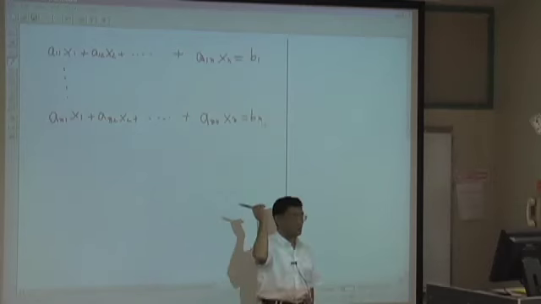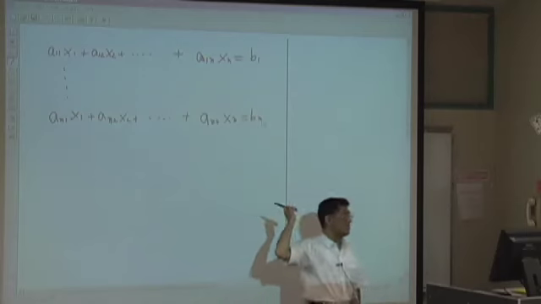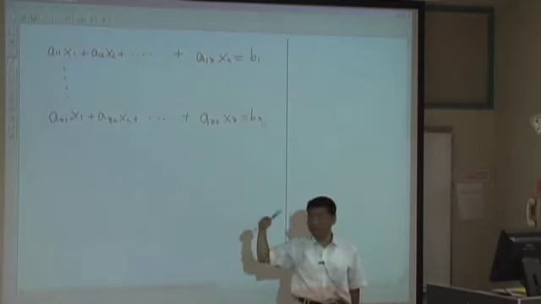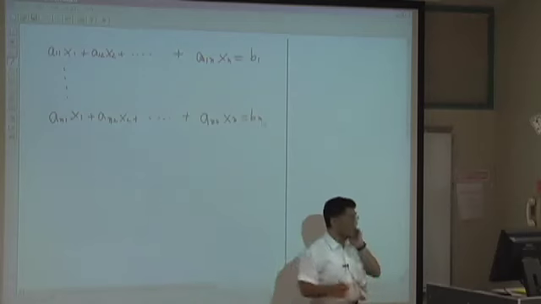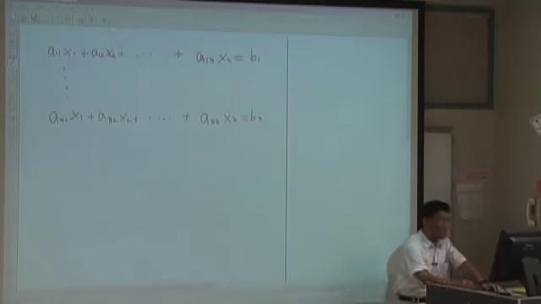Then why do we have to worry about these kinds of systems? Because in real-world problems, we usually break up the given domain to solve a problem. For instance, we want to solve some problem for this kind of shape. Sometimes it's very difficult to solve it in one piece, so we break up.